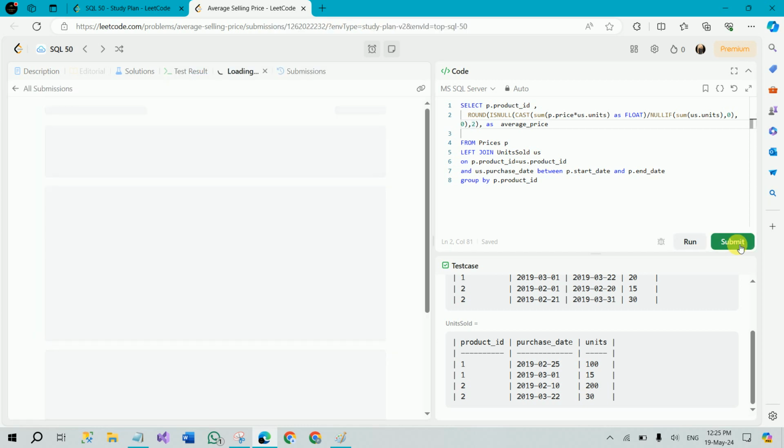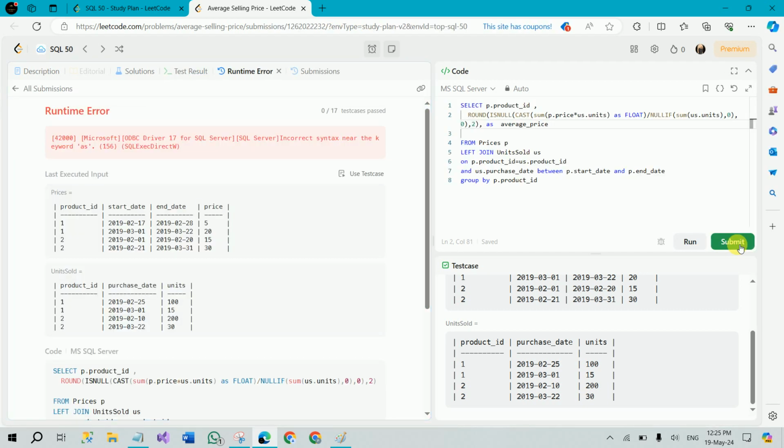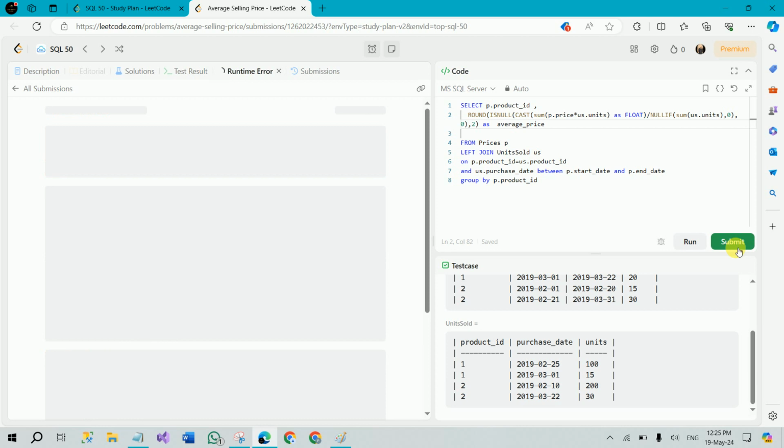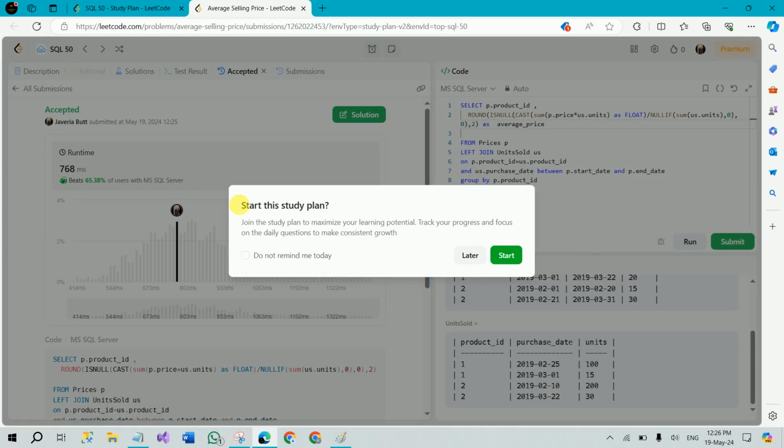Hopefully now we will pass. Okay, we have got a syntax error because there was an extra comma. I have removed it and now submit it again. And here it is. We have passed the test cases.